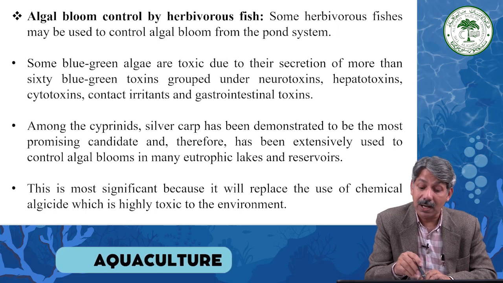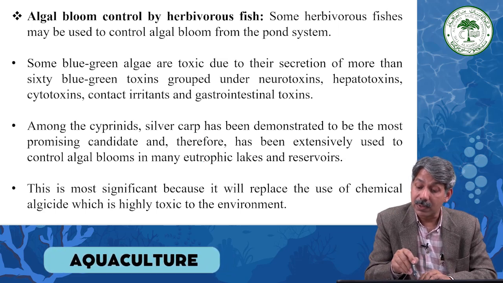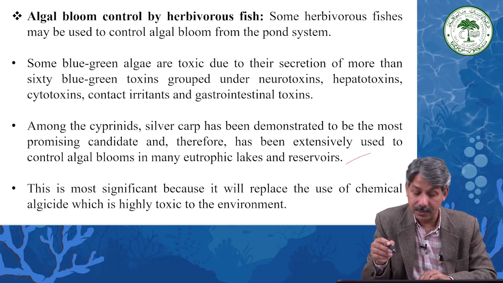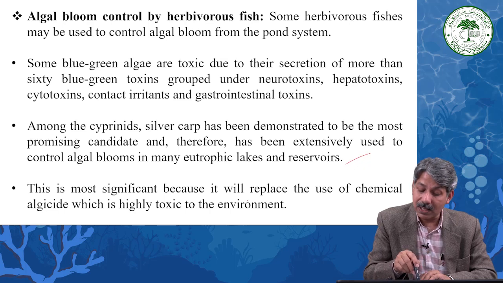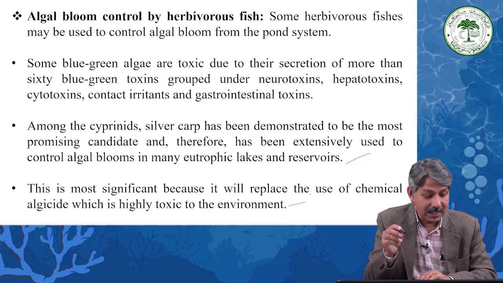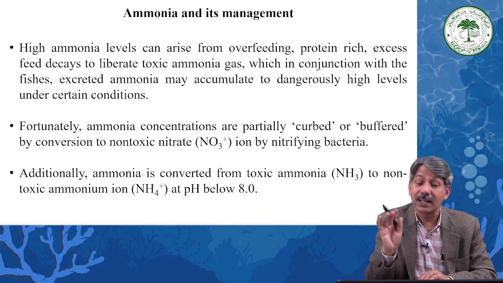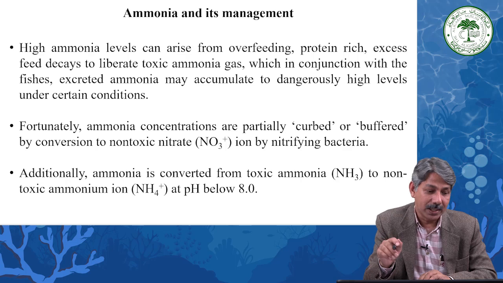Among the cyprinids, silver carp has been demonstrated to be the most promising candidate, and therefore has been exclusively used to control algal blooms in many eutrophic lakes and reservoirs. This is most significant because it will replace the use of chemical algicide, which is highly toxic to the environment. So if biological control is available, it should always be the preferred choice.